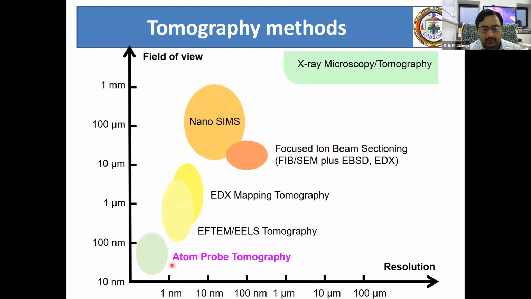Depending on the length scale, there is a range of techniques, starting from X-ray microscopy and tomography up to electron-based tomography methods. But one standout is atom probe tomography, where you can really go down to atomic-level resolution. Of course, the analysis volume may be smaller, but you'll still be able to resolve individual atoms and look at their size, morphology, etc.